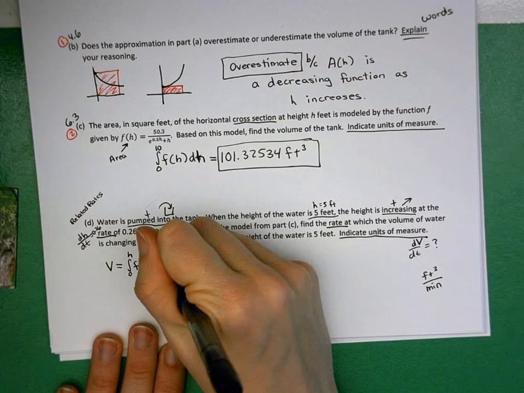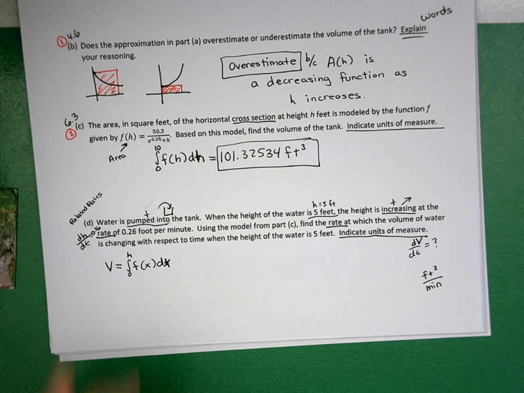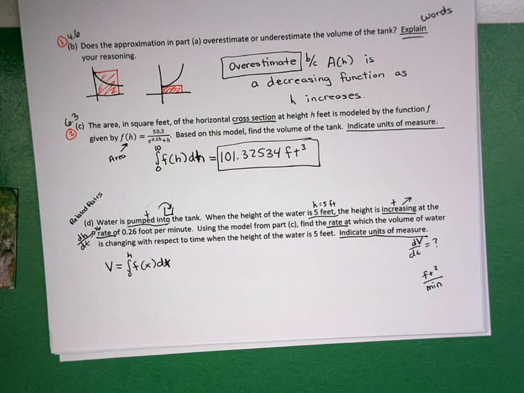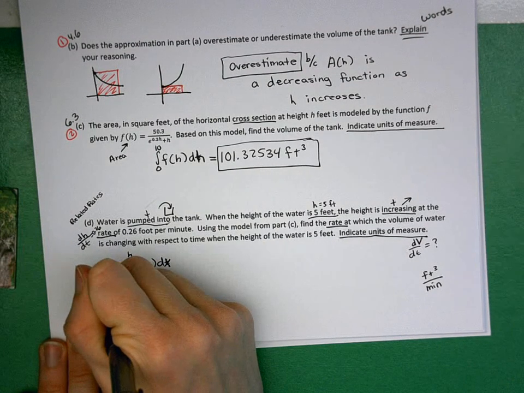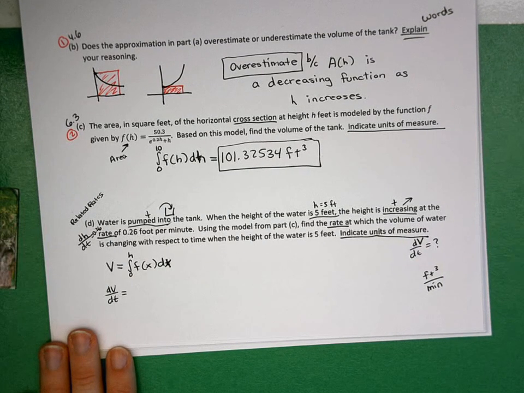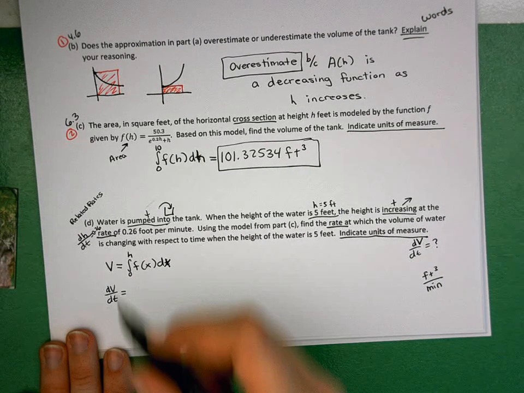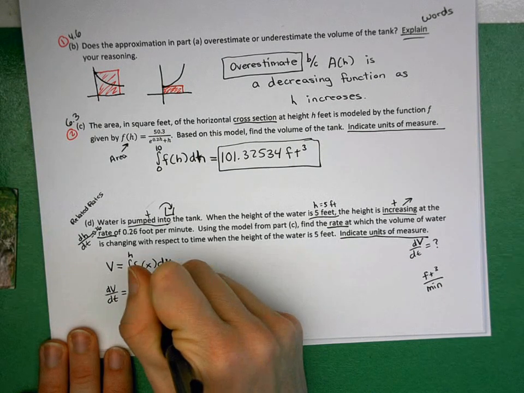And so then taking the derivative, dV/dt, we use whatever derivative rule we need. In this particular case, we're taking the derivative of an integral, which comes out of 4.4b. Derivative of an integral is the second fundamental theorem of calculus. So we plug in our upper, f of h, times the derivative of my upper.